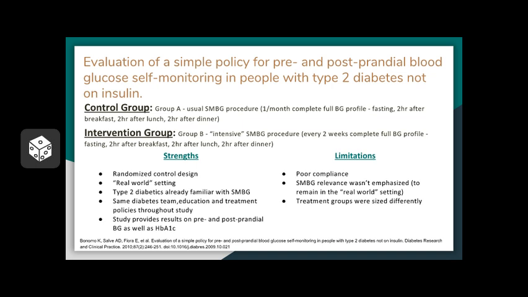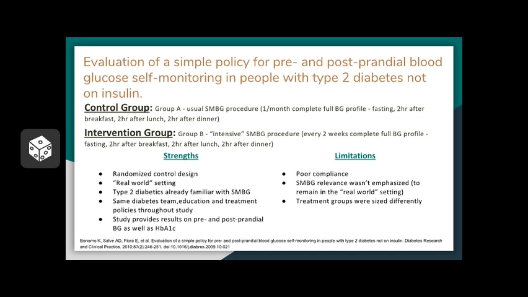They do get free test strips, but they only get 4 test strips a month. So they really wanted to mimic the real world setting in that aspect because they wanted to see if cost effectiveness and what these patients would actually be receiving could be applicable to having greater results.